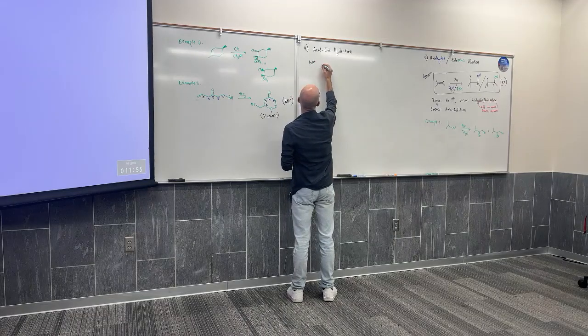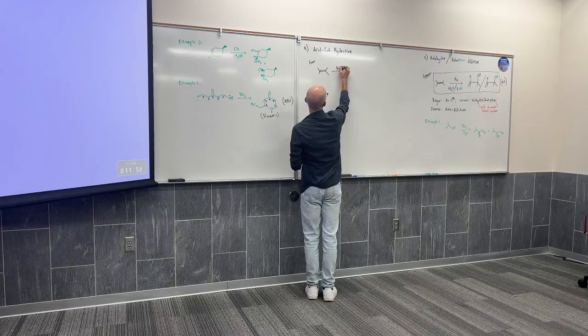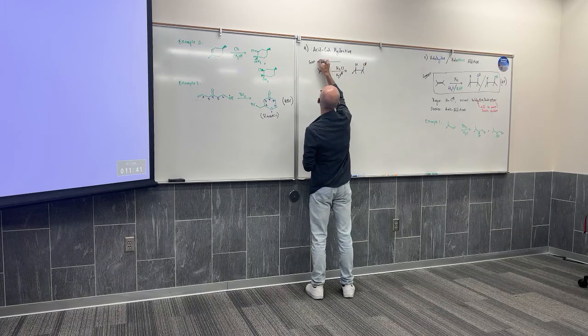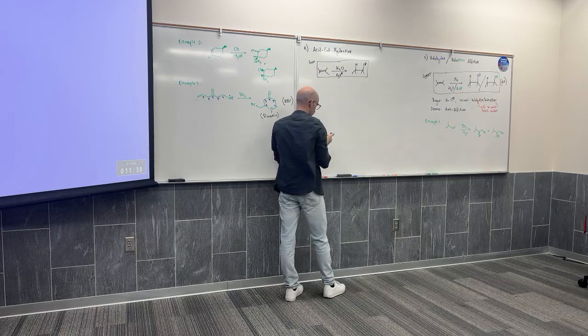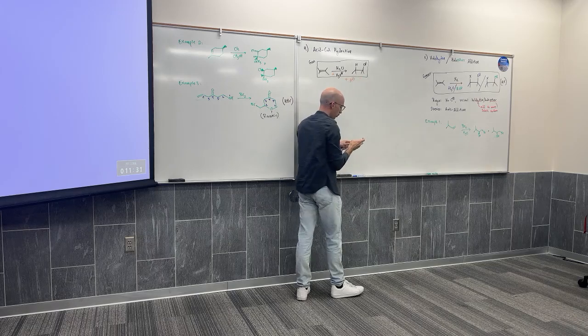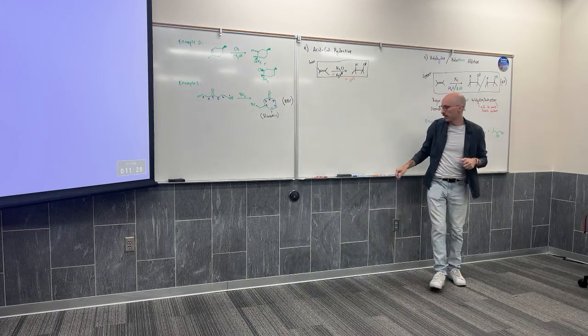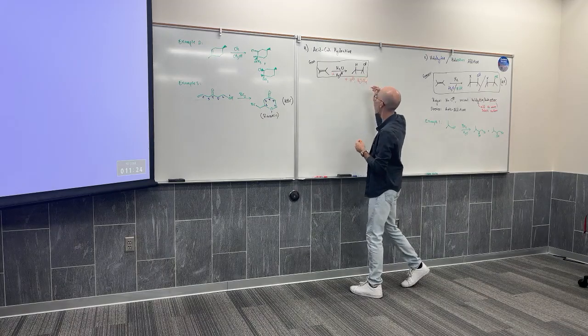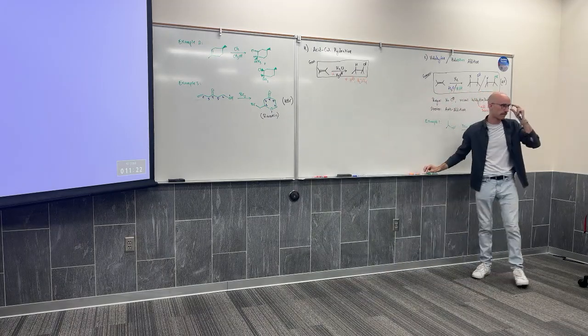The generic example here: take an alkene, react it with water and hydronium, H3O+, to add H and OH across the double bond. In place of H3O+, it's not uncommon to see H+ or H2SO4.